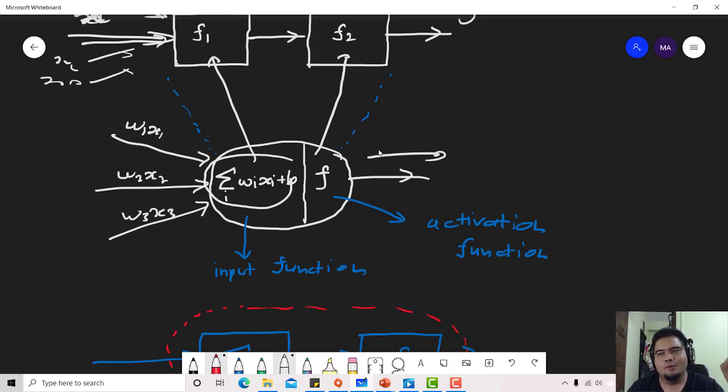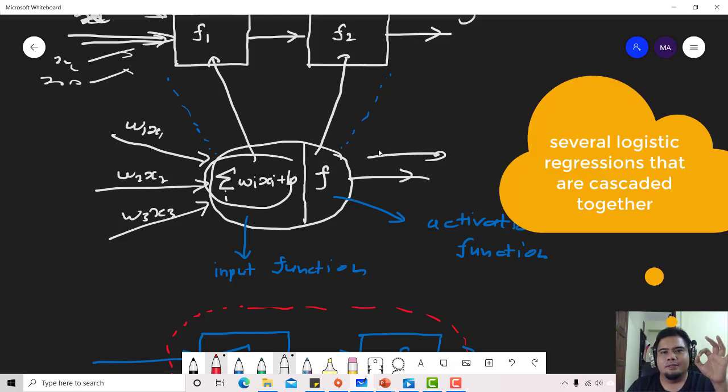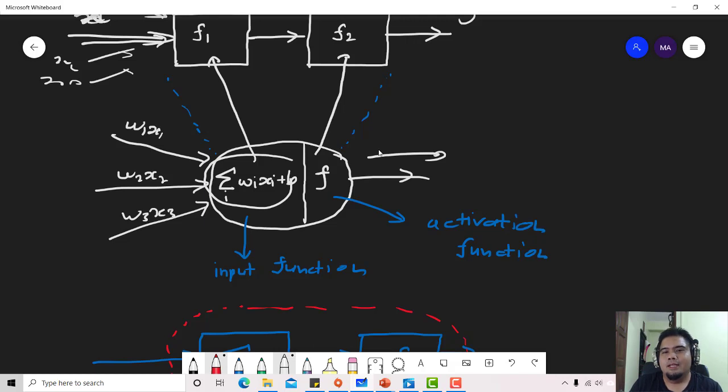So imagine you cascade many neurons, meaning you have several regression functions cascaded together.